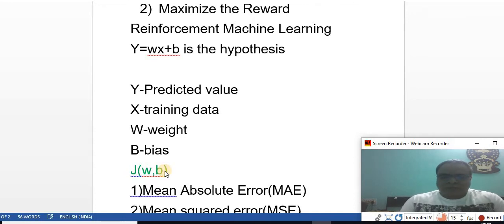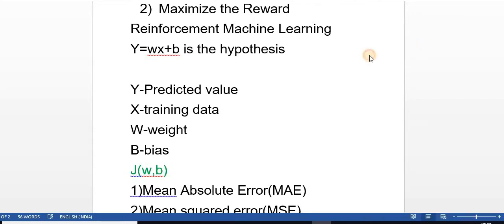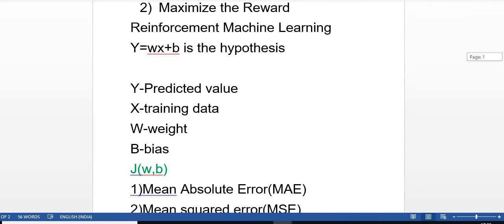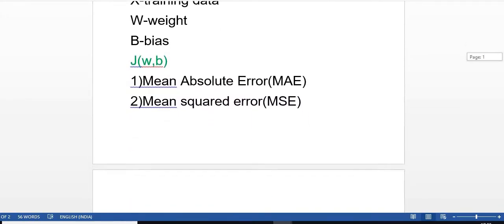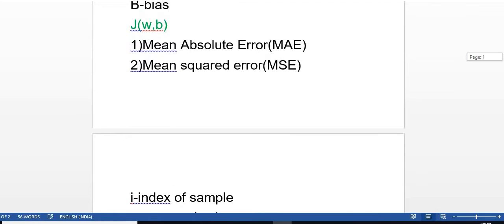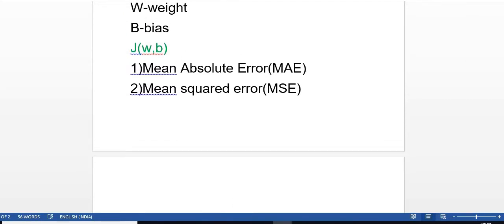And one more aspect I need to tell you, the cost function is classified into two. One is the mean absolute error, and the second one is the mean squared error. So this is really important. There are two types of cost functions we use.